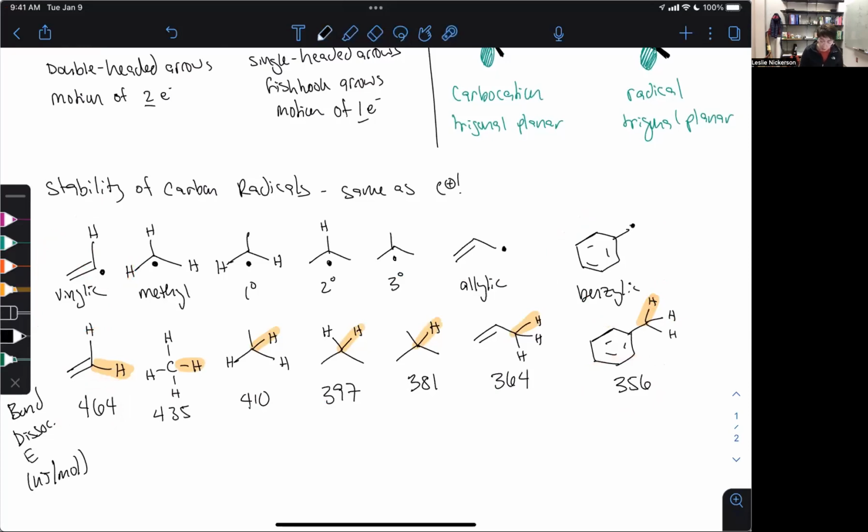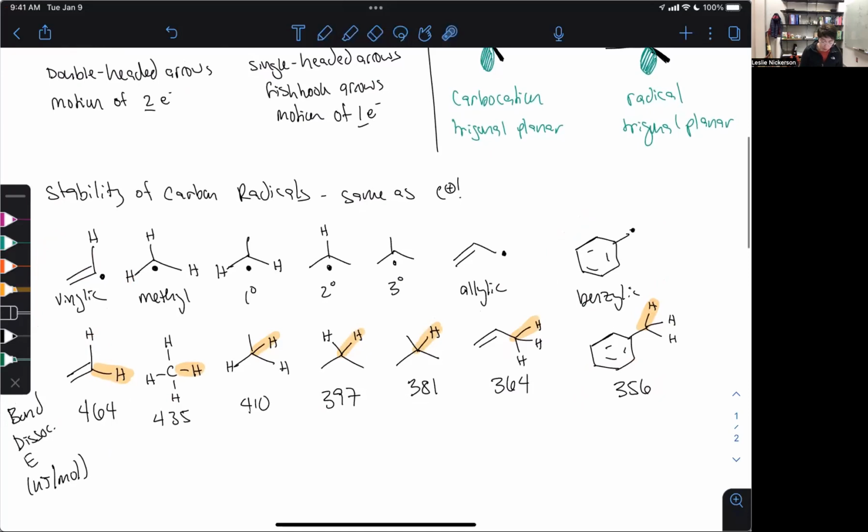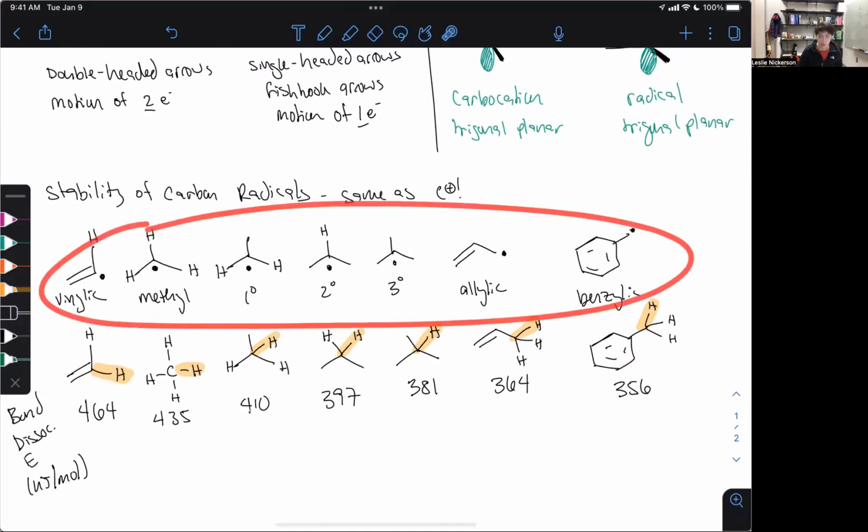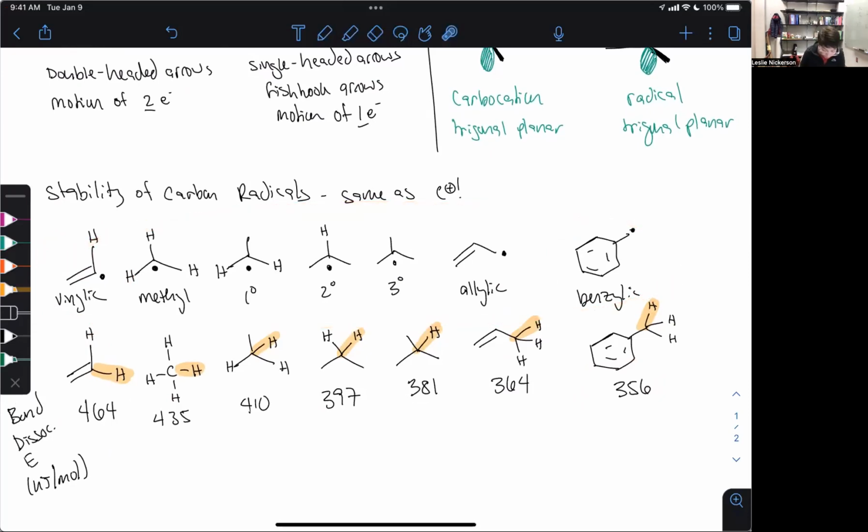So, and keep in mind when you're looking at radicals, all of these carbons here are neutral, okay? So make sure that we're keeping that in mind as this has 2 hydrogens on it. So if I'm counting up for formal charge, I essentially have 1, 2, 3, 4 electrons that carbon in the middle owns, and carbon has 4 valence electrons. So radicals are neutrally charged, but they are certainly not stable because they still don't have a full octet, okay?